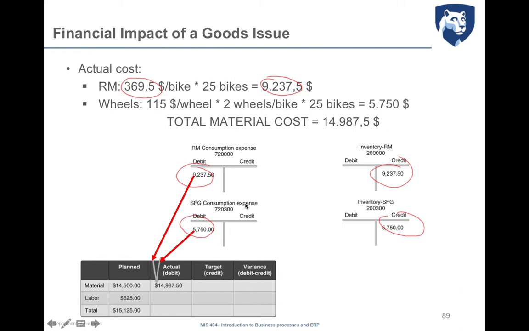Then, as the total material cost for production is $14,987.5, this material cost will be debited to the production order as actual cost. You see here the total value of raw materials is $14,987.5, which is the actual cost after goods have been issued from inventory, and this is higher because we paid raw materials $369.5 instead of $350 per bike.